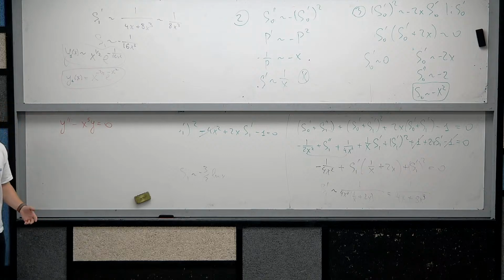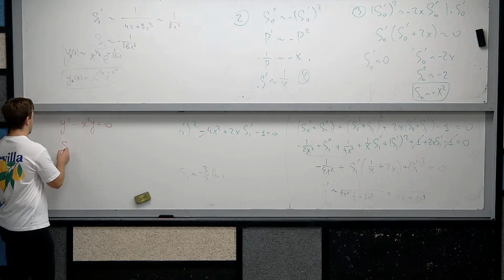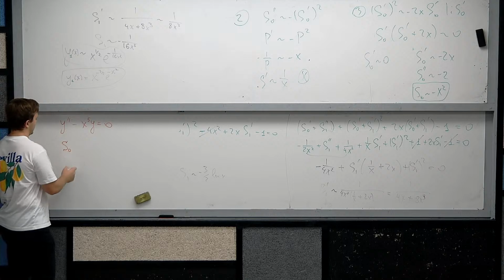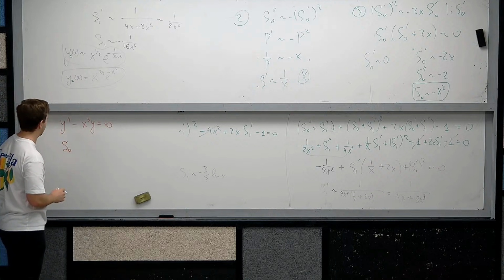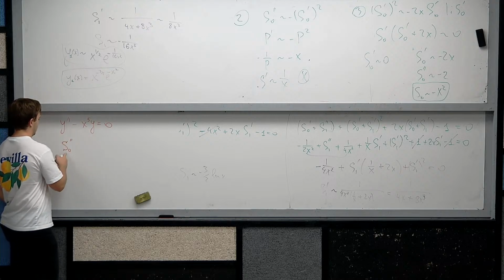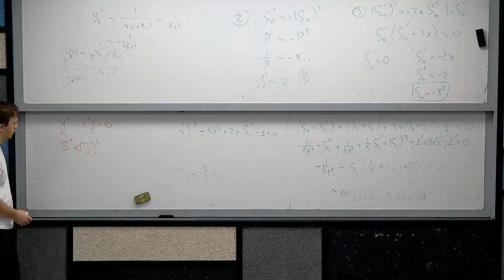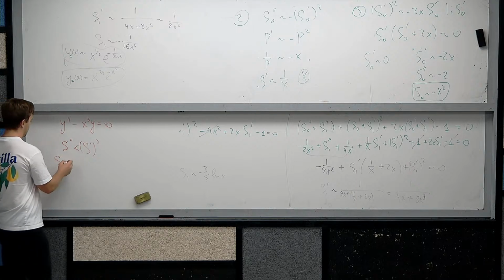First of all, in most cases, I mean, it's not 100% guaranteed, but in most cases, S double prime is lower than S prime squared. And S naught is greater than S1, greater than S2.